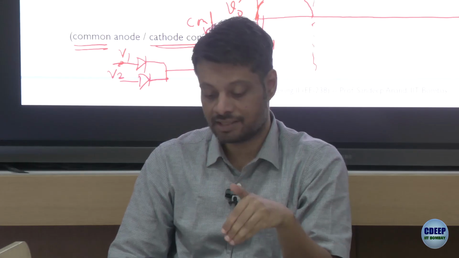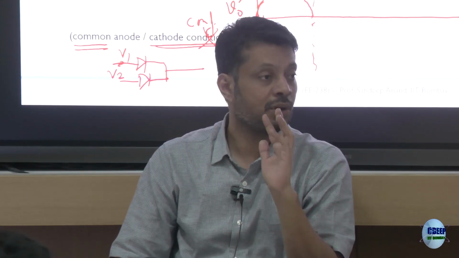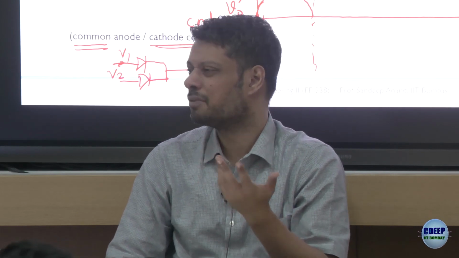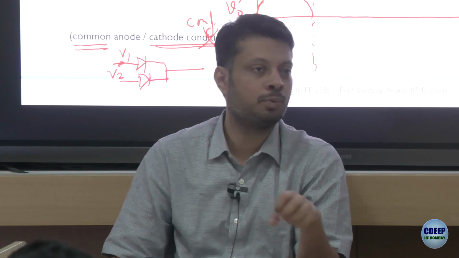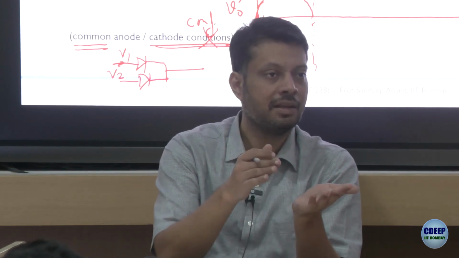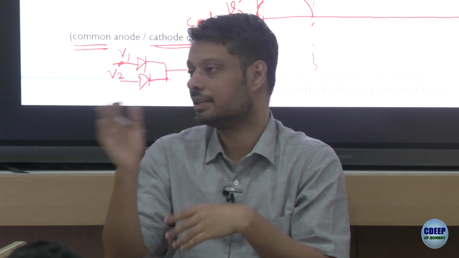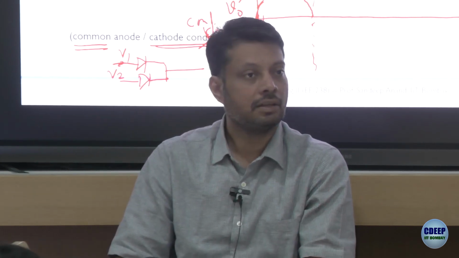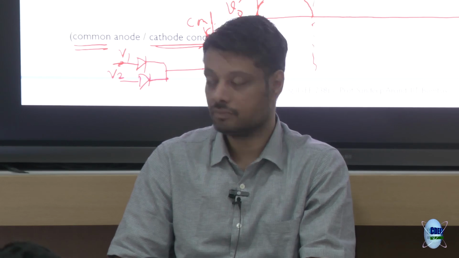So whenever you see this circuit in future, you can easily make out which one will conduct, whoever's anode is higher. To prove it, you assume the other is conducting, you can say that this will also conduct, but if this is conducting, the other will not conduct, and hence prove that this would be the only one conducting. Is that okay? Any doubt?